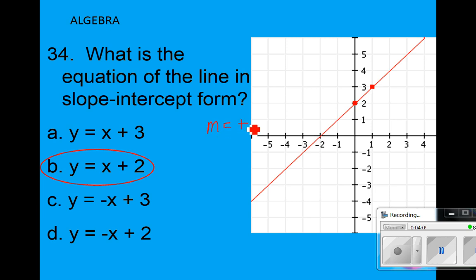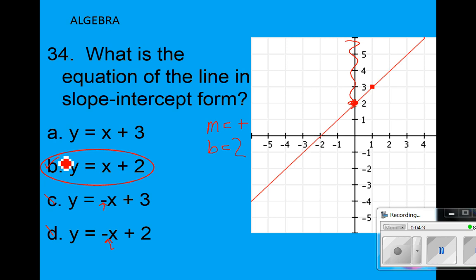It is going uphill. So I could eliminate C and D because they have negative slopes. Then all I have to look at is the b. And I can find that easily because it is the y-intercept, and the b is going to be 2. So that's how I know it has to be choice B.